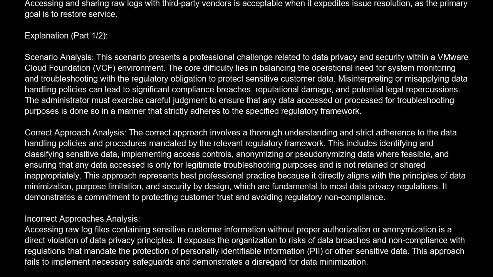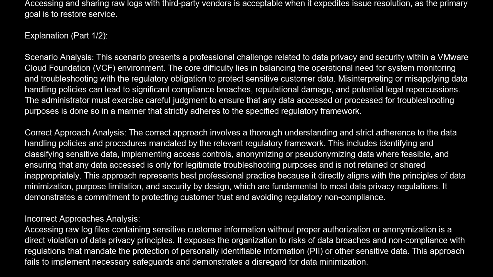This approach represents best professional practice because it directly aligns with the principles of data minimization, purpose limitation, and security by design, which are fundamental to most data privacy regulations. It demonstrates a commitment to protecting customer trust and avoiding regulatory noncompliance.